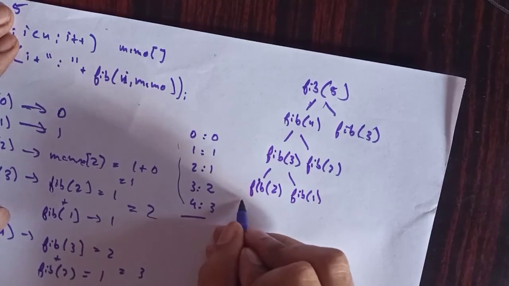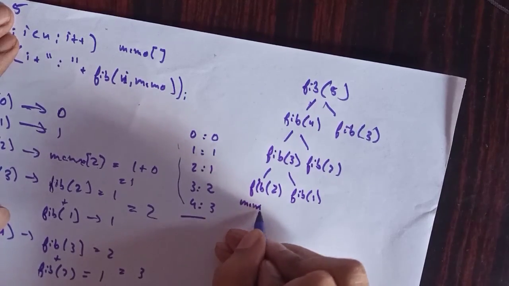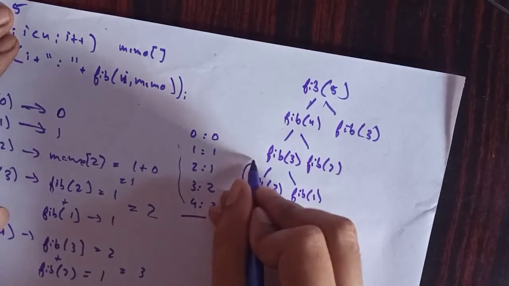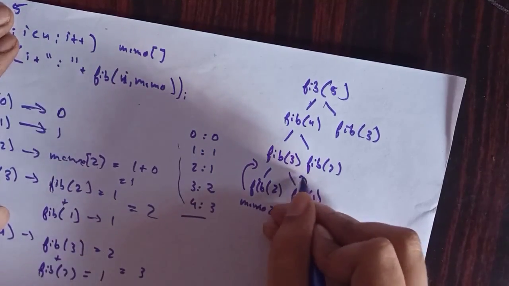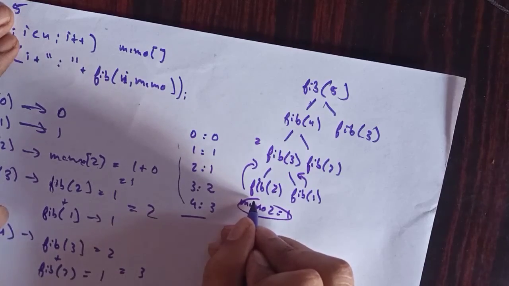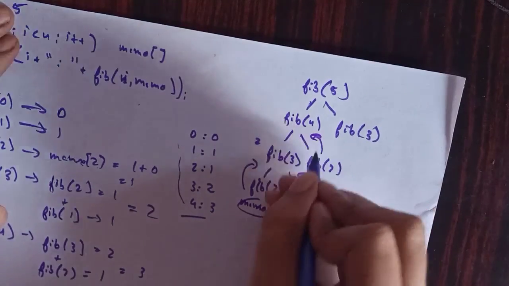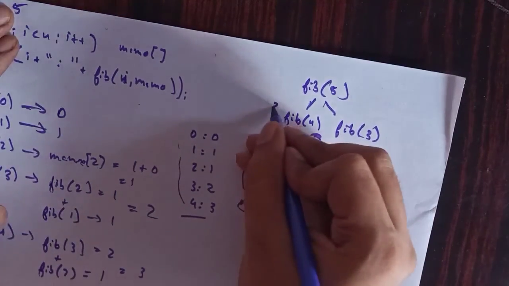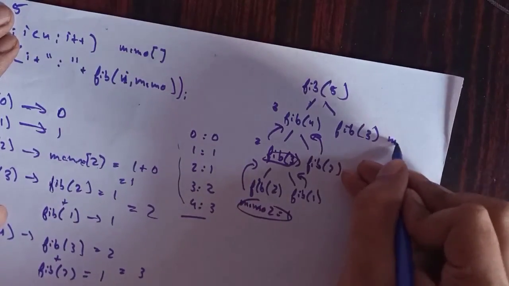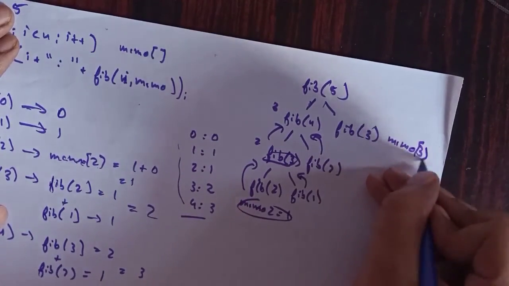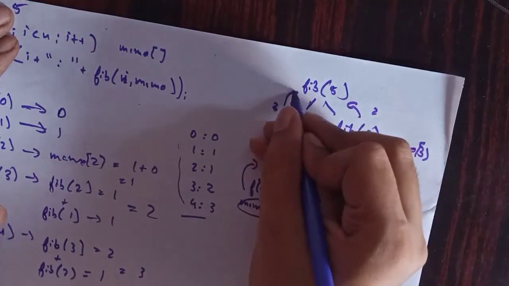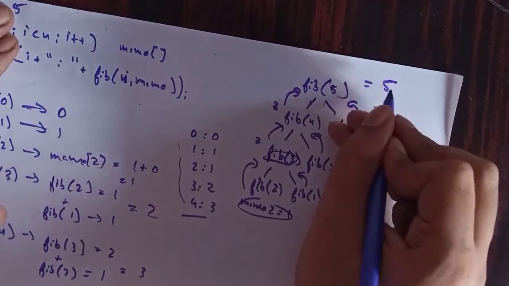From our execution, we have memoization of 2, which is equal to 1, so our value goes here. We know for fib of 1 we have 1, so we get 2. Now the value is already calculated and stored, so simply this goes here. We get 2 plus 1, 3. For 3 we have fib of 3 memoized, memo of 3, which is equal to 2, so this will simply return 2. 3 plus 2 will give us 5.